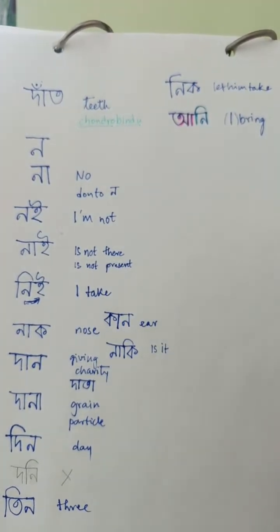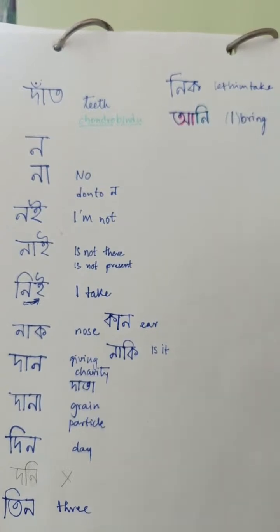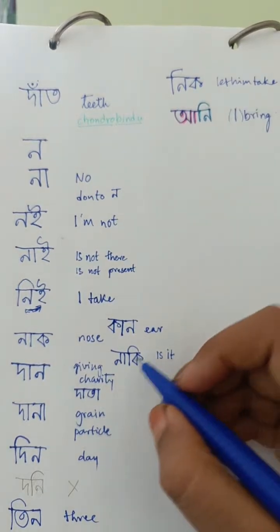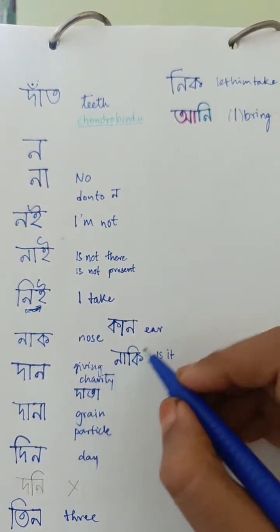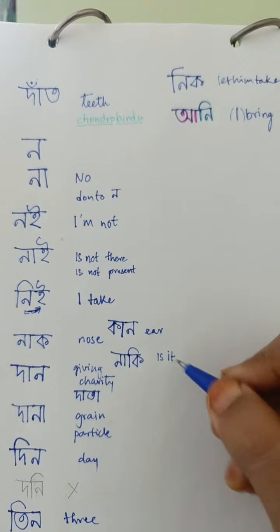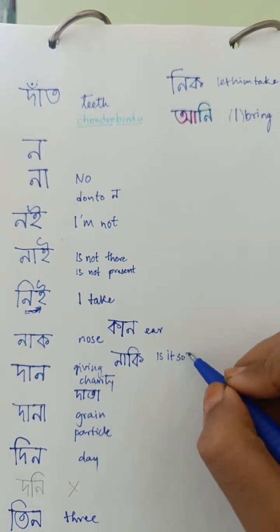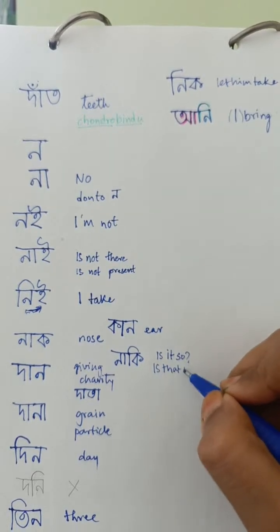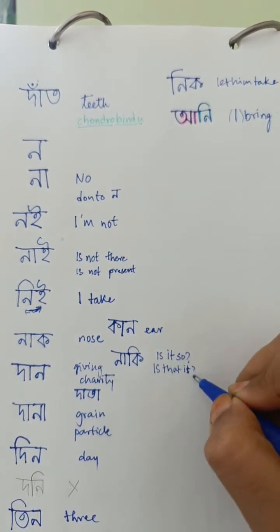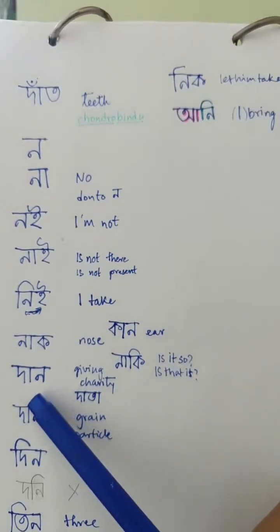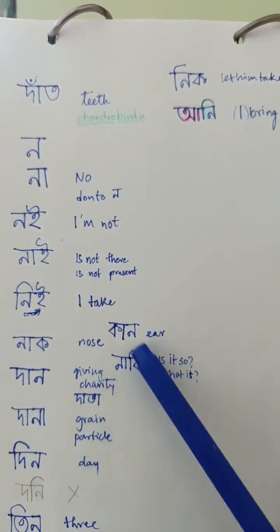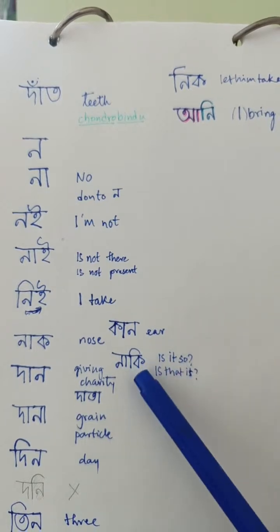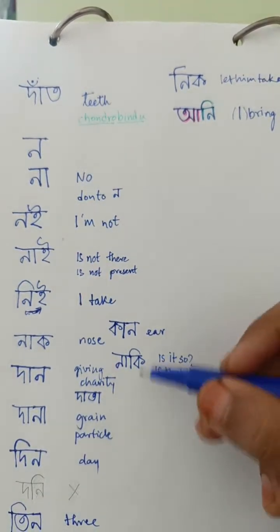It's a part of a phrase when you want to say is it not or is that so. Remember we learned tai before, so if you say tai naki together, that means is it so? Is that it? So tai means that and naki means is it. This is the word that questions the possibility of it or not.